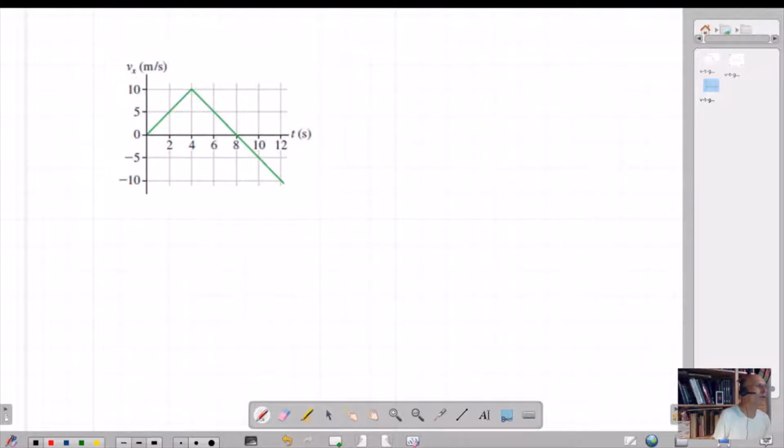So the first thing I want to mention is the difference between instantaneous and average. Instantaneous velocity is just the velocity at any moment. So if I pick some points, I can figure out what the instantaneous velocity is.